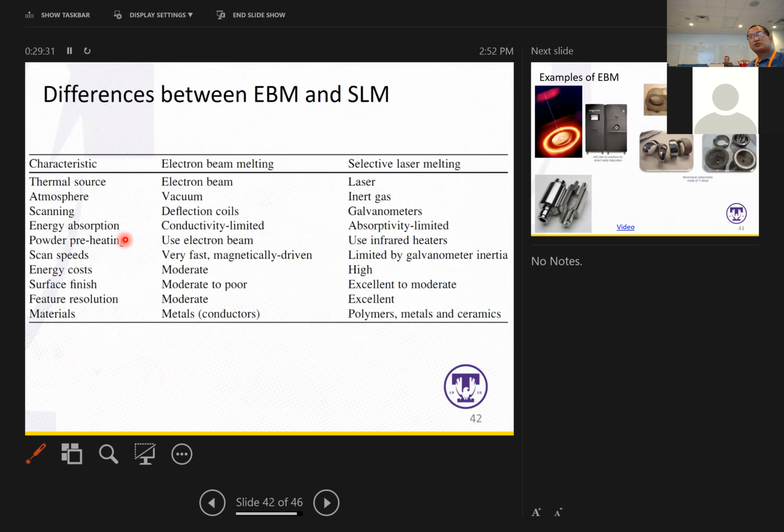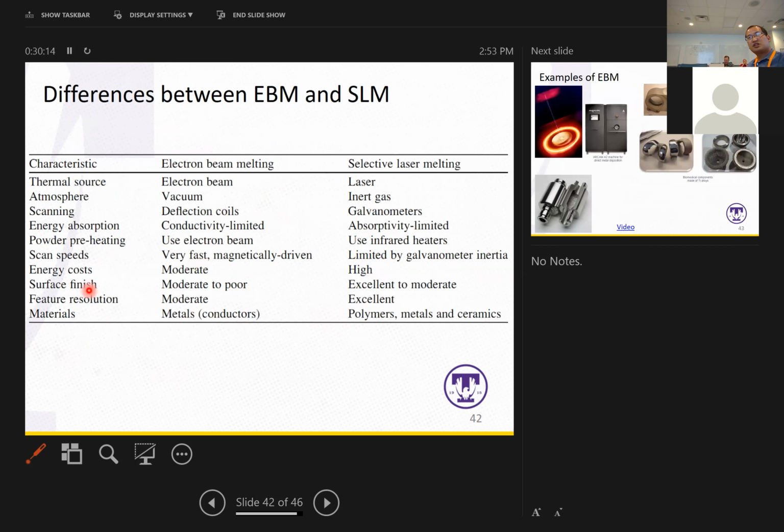Also, how to preheat your powder: for electron beam melting, it uses the electron beam to do the preheating, but for selective laser melting or selective laser sintering, they all use infrared heaters. For the scan speed, electron beam melting has a very fast scan speed, and this is magnetically driven, but the laser melting is limited by inertia.